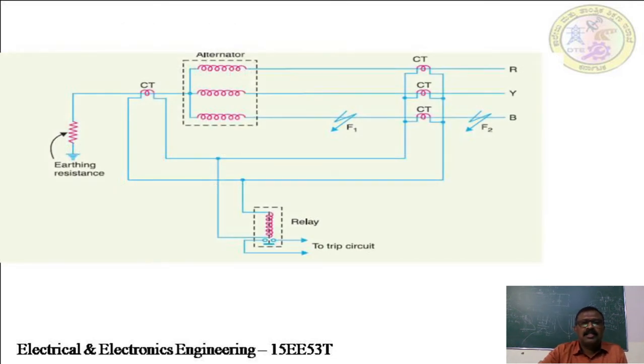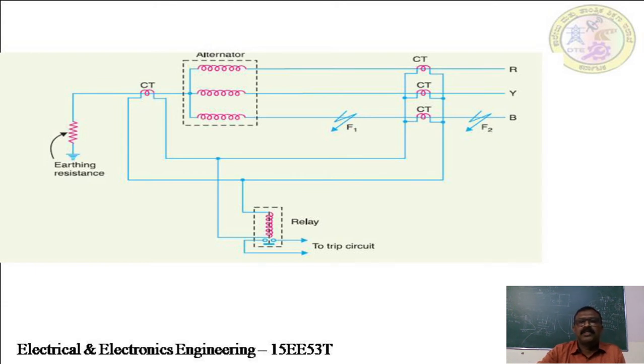This is the schematic arrangement for balanced earth fault protection. This is the 3 phase stator winding, and one end will have a CT, connected through the earthing resistance. At the other end we have a 3 phase current transformer, and at the equipotential point it is connected to the relay operating coil, which in turn is connected to the trip circuit.